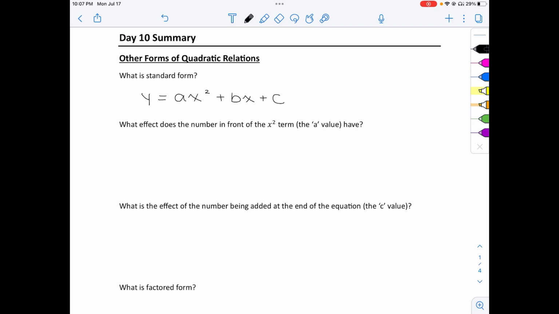Okay, so your a value is going to tell you two things. It's going to tell you the direction of opening, and it's also going to tell you the vertical stretch factor. So the first thing it tells you: if a is positive, so bigger than 0, then your curve is going to open up.